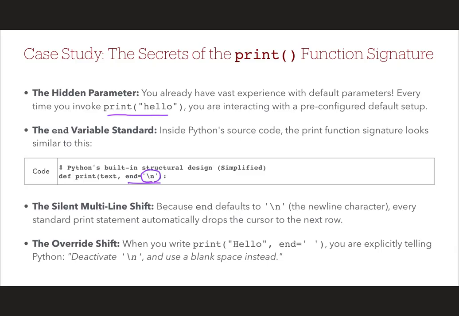That means I can call print with just one argument, or you can provide some value for the end parameter. If the end argument is not given, then the default value, the newline character, will be used as the value of end. But if I provide my own argument for the end parameter, then what I provide will be used as the value of end. Okay? And the default newline character will, in that case, be discarded.